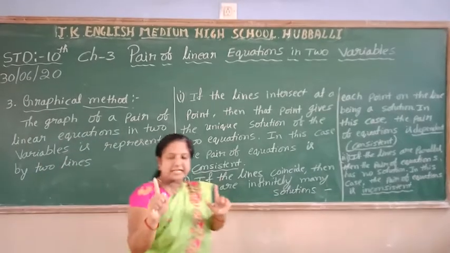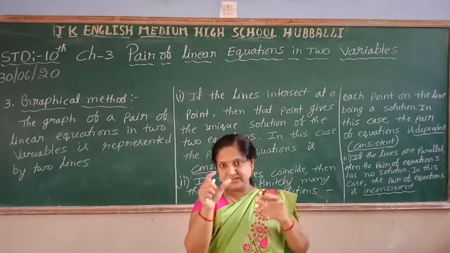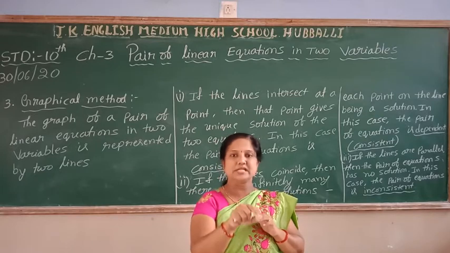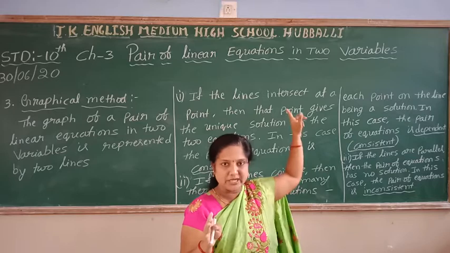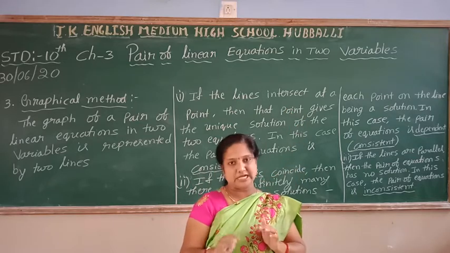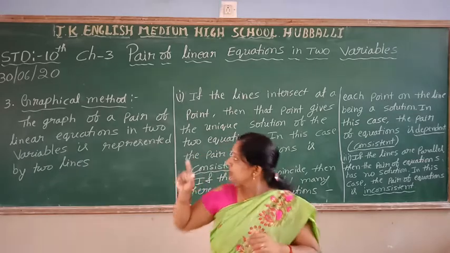For one linear equation of two variables, you are going to get one straight line. For another linear equation of two variables, you are going to get another straight line. So a pair of linear equations of two variables represents two straight lines.